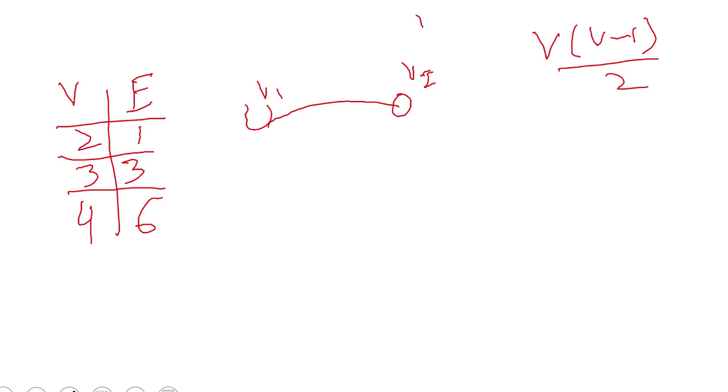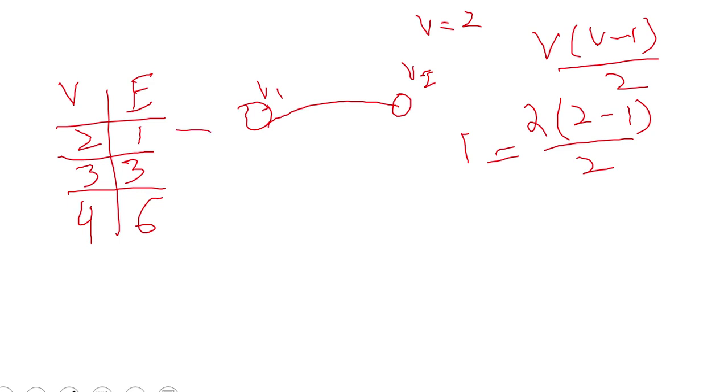If the value of v is equal to 2, we put value 2 here: 2 into 2 minus 1 divided by 2. So the total value comes out is 1. So in this case there are 2 vertices, and we are using 1 edge to connect these 2 vertices.